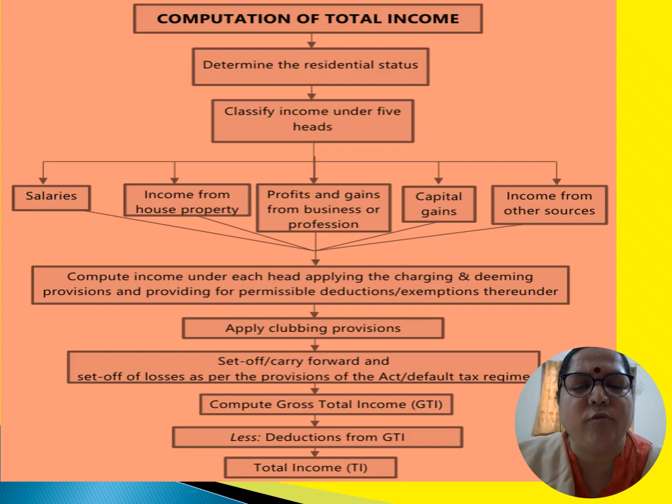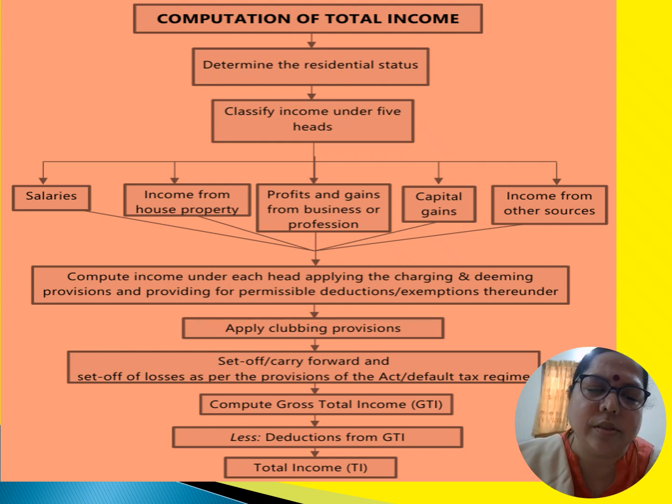After considering that, we can apply the clubbing provisions, that is adding of the income of spouse or minor child. Then we have to set off or carry forward the set off of losses as per the provisions of the Act or default tax regime.